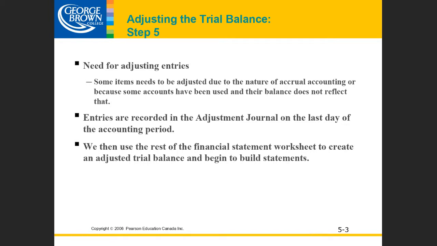Okay, because over time we use some assets, but don't necessarily have a business transaction to show that we've used them. Okay, these entries are typically entered into the adjustment journal on the last day of the accounting period. Okay, and then we do the adjusted trial balance to start creating our financial statements in the financial statement worksheet.